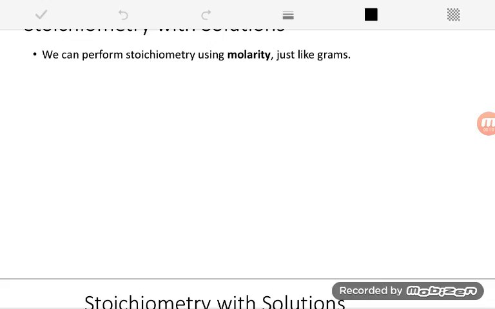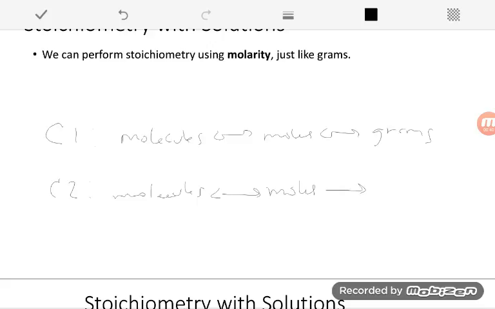We can relate any two compounds, we'll call them compound 1 and compound 2, in the chemical reaction because we know we can convert between molecules, moles, and grams for compound 1, and we can also convert between molecules, moles, and grams for compound 2.